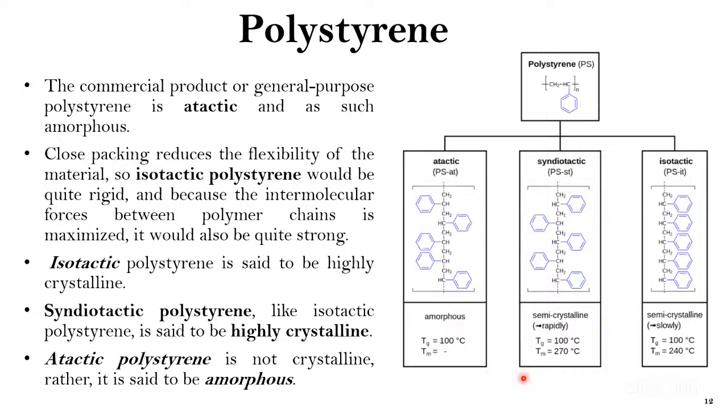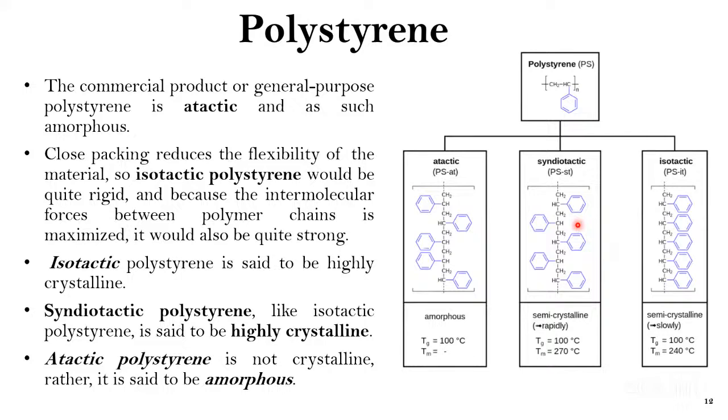But syndiotactic, you can see you have a melting temperature, means the crystallinity, as they are very well arranged in their structure. Syndiotactic and isotactic, they are quite well arranged in their structure. That is the reason they are semi-crystalline in nature.